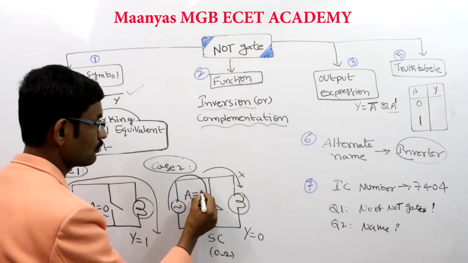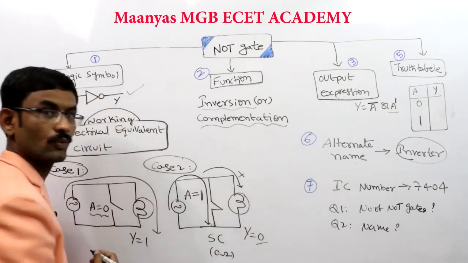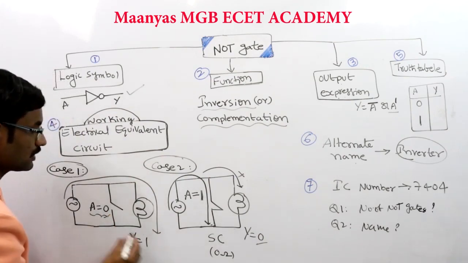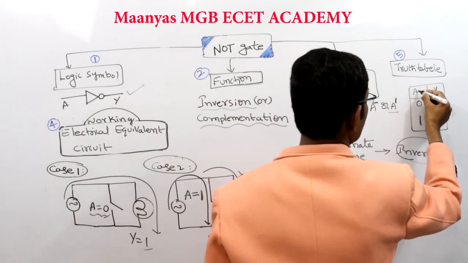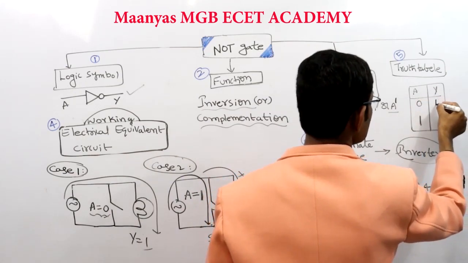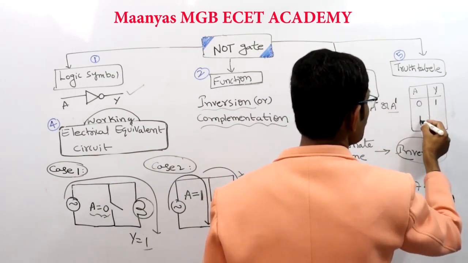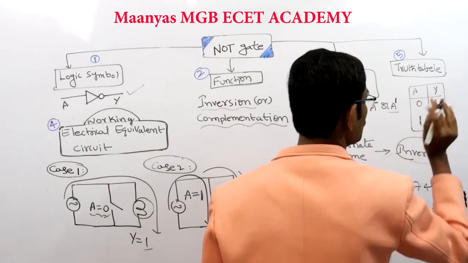For the input 1, the output is 0. For the input 0, the output is 1. For the input A is equal to 0, the output is 1. For the input A is equal to 1, the output Y is equal to 0.